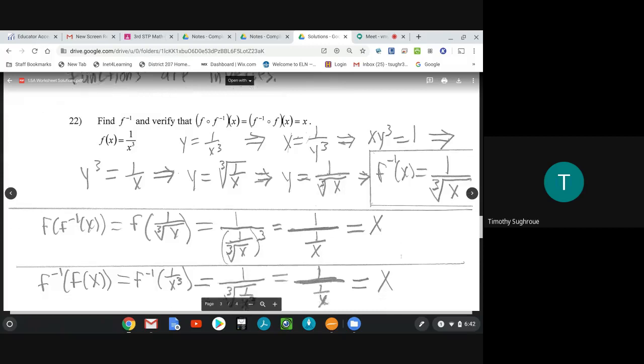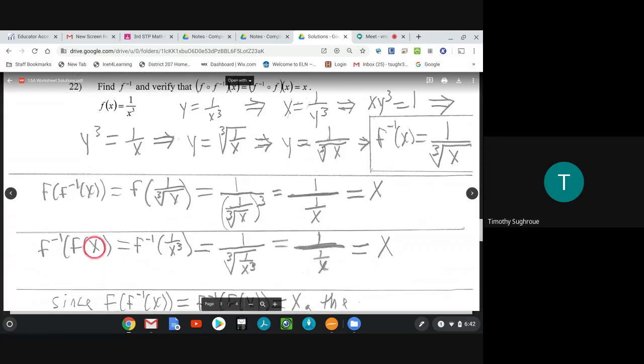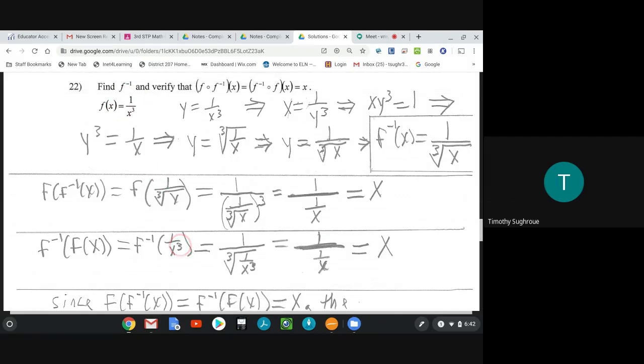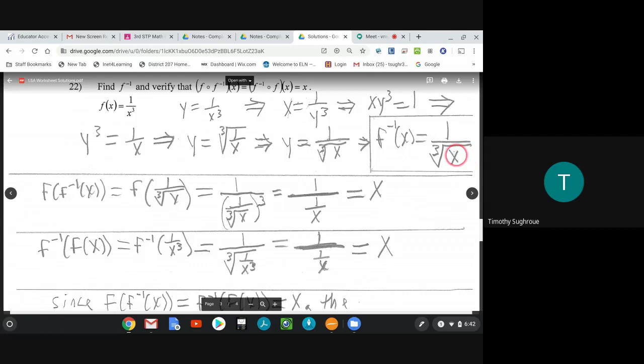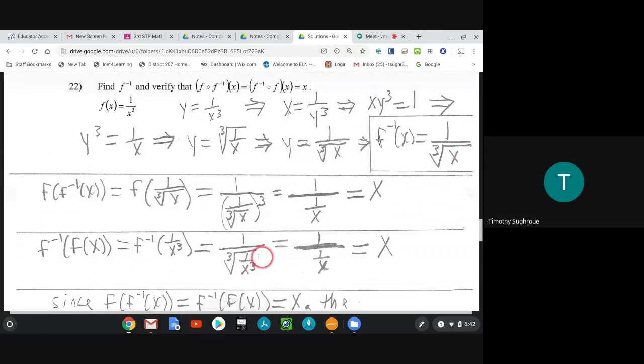Let's crank it out the other way. Take x, plug it into the f function. When you plug x in, you get 1 over x cubed. That's the new input into the inverse function that we found right here. So 1 over x cubed comes in for x. 1 over the cube root of 1 over x cubed. The cube root of the numerator, the cube root of 1, is 1.